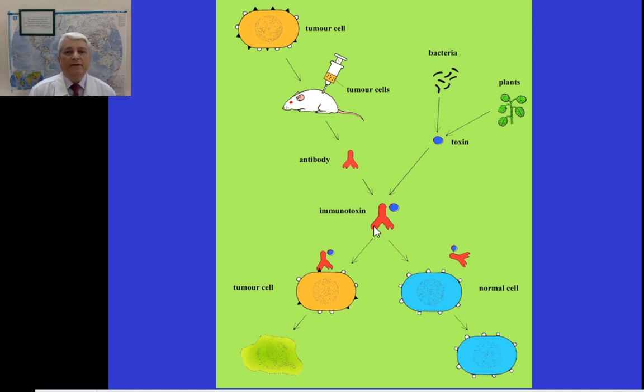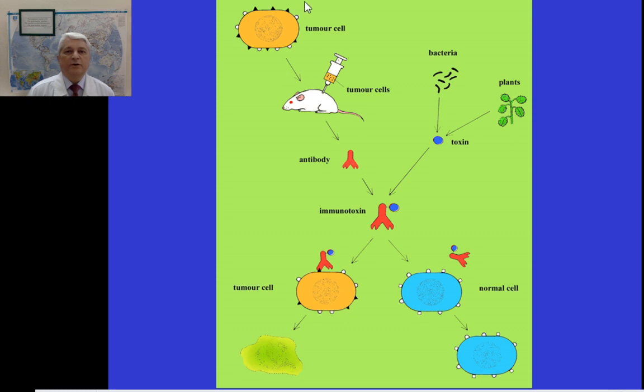But when immunotoxin meets tumor cells with specific pathological antigens, it will immediately react with this cell, and finally cell will be killed. This is the dead malignant tumor cell.